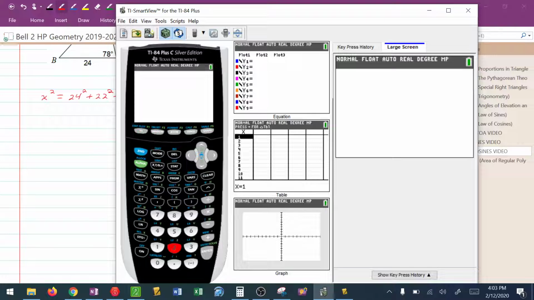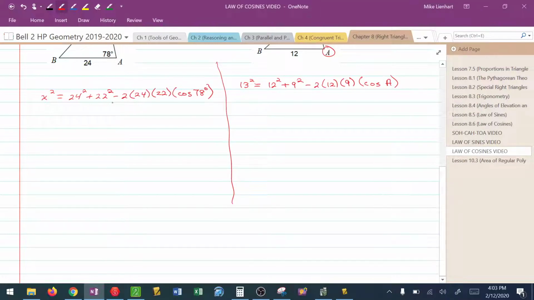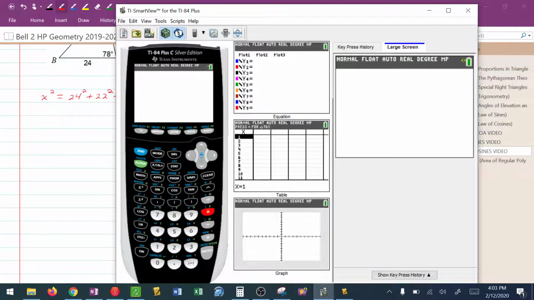So I'm going to take 24 squared plus 22 squared minus 2 times 24 times 22, and just so you can see, I'm literally typing everything in, times the cosine of 78. Close that off. That gives me 840 and some change. This is what X squared is equal to.